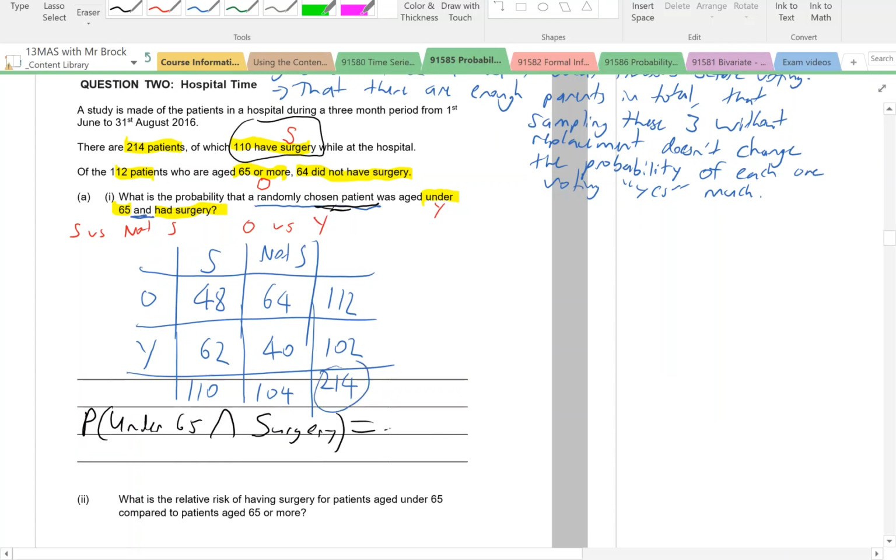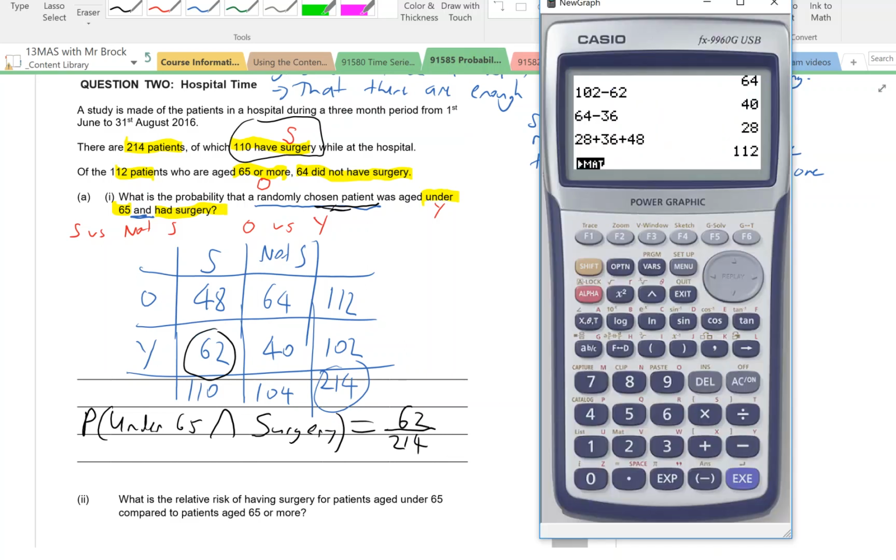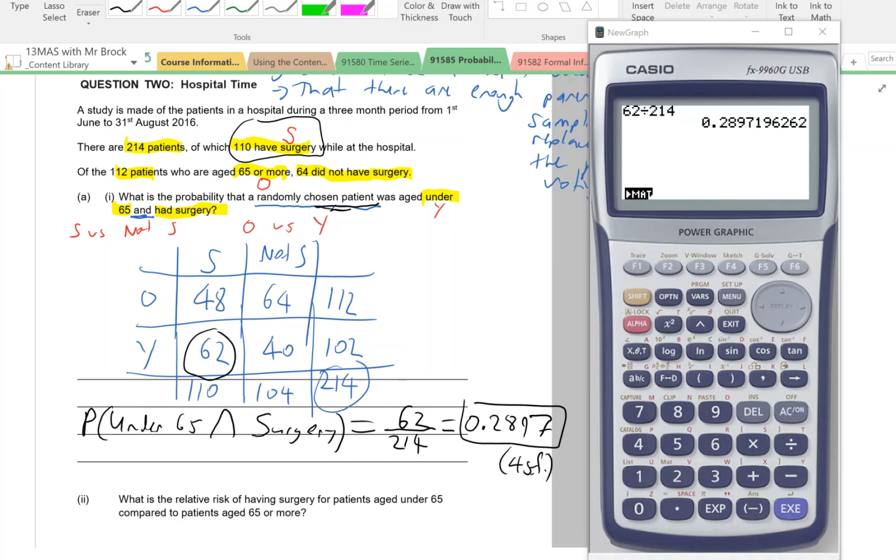What I'm going to do is put out of 214 because it's out of the whole lot, and it's going to be 62. Surgery and young, so 62 out of 214, and we can make that into a decimal if we want to. We don't have to. And it is 0.2897 to 4SF. Okay, on to the next one.